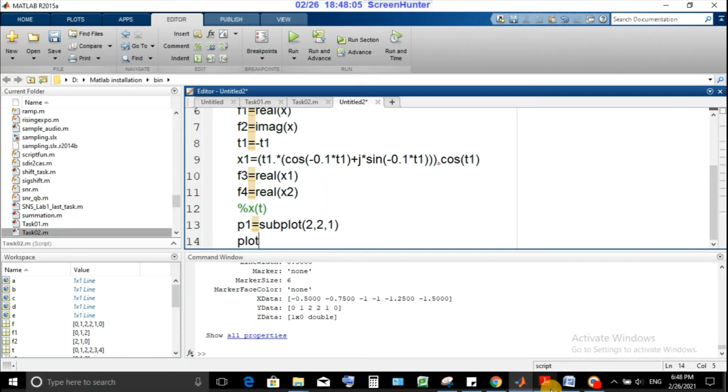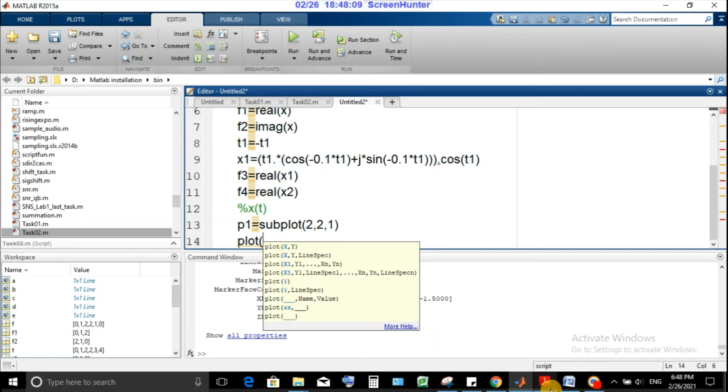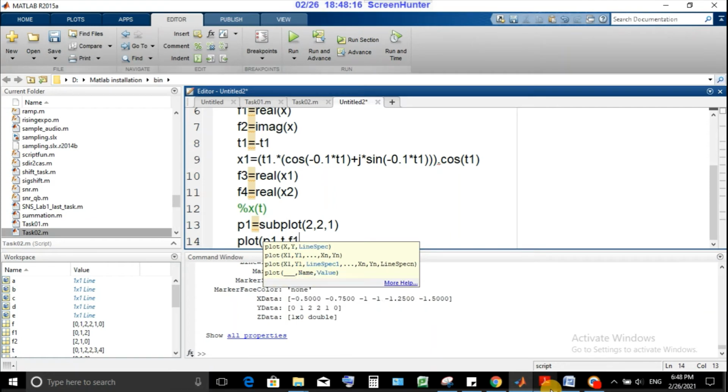Then we use the plot command p1, t comma f1, comma, r for red, and then comma, p, t comma f2, comma capital B. We are using these two terms for different colors.